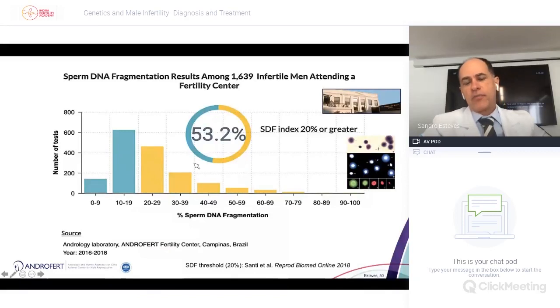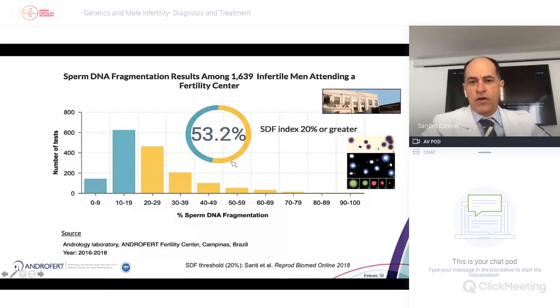When we look at the full spectrum of patients we see at Androfert, this is the distribution of patients. If I consider the 20% threshold, then I have the gray zone from 20 to 29, and then the abnormal results from 30 and above.